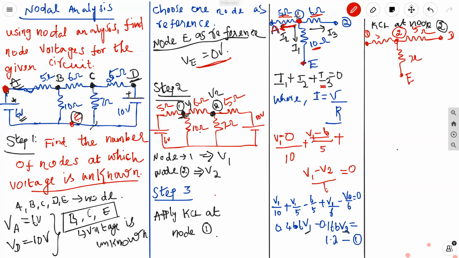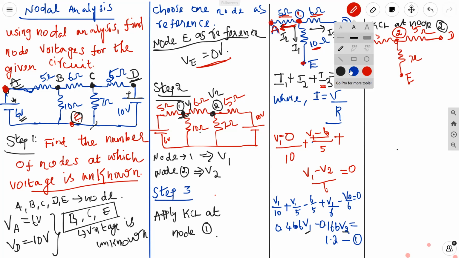So you need to take V1, then this voltage. V1 minus 6. If you consider it the other way, then you can take 6 minus V1. But we have considered outward current, so we need to take first this voltage minus this voltage. Clear?